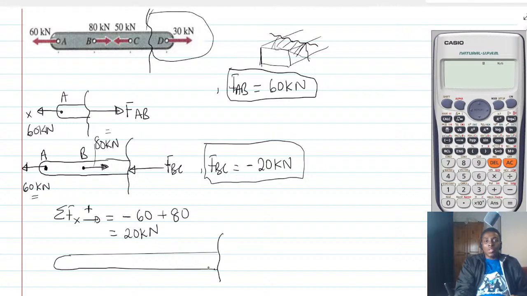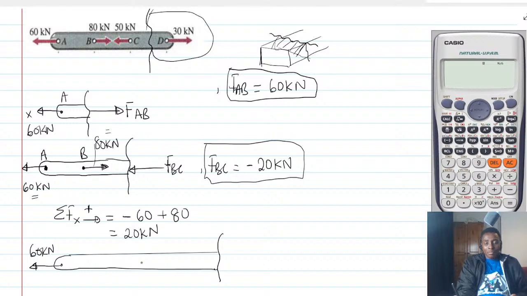So like introducing a cut here. Then I have a force here, which is what? 60 kilonewton. Right?